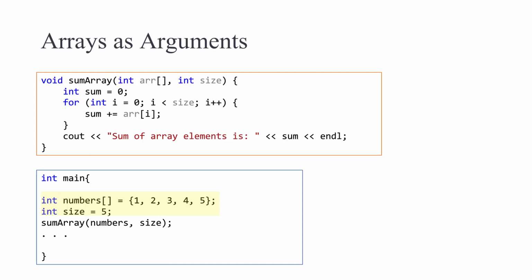The SumArray function is then called with the numbers array and the size as arguments. When the SumArray function is executed, it calculates the sum of the elements in the numbers array and outputs the result as "sum of array elements is 15".